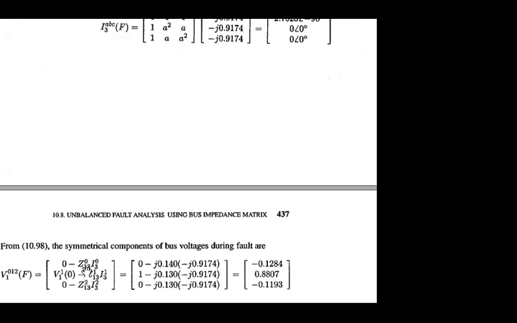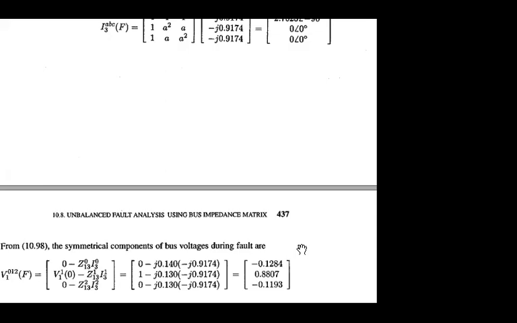You have to use all the Z matrix information; from the Z bus matrix, you have to extract that information, Z130, Z131, and Z132. When you put that, you will get V1, 0, 1, 2. Is this part okay?